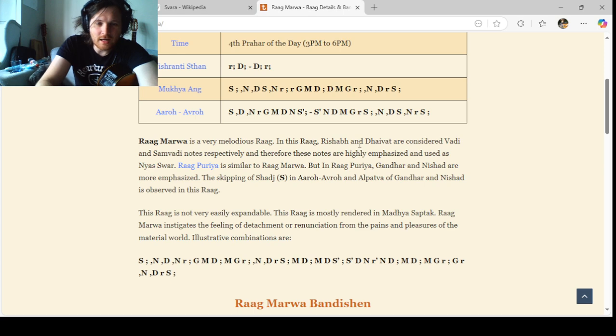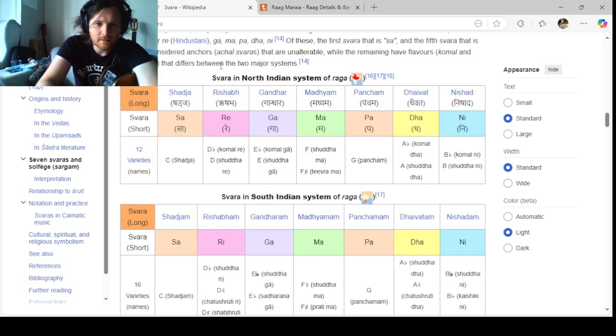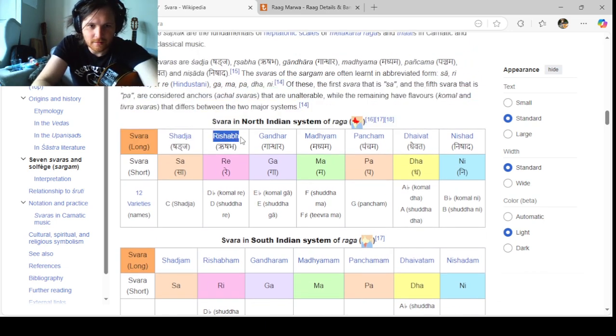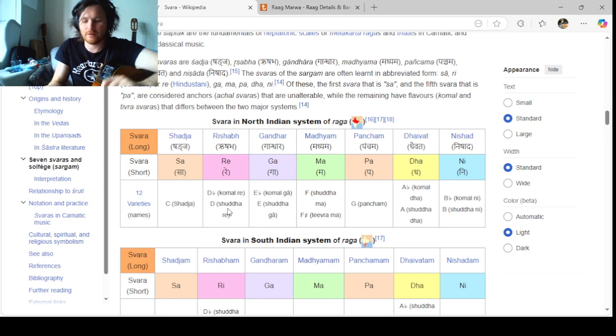Which notes are they? This is not quite as clear to me, but here we have some more information that says Rishabh is basically like Re if you're in C major.